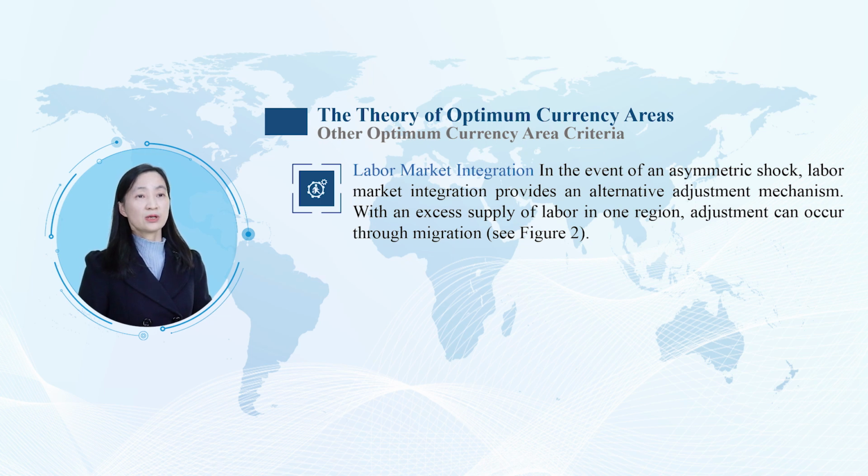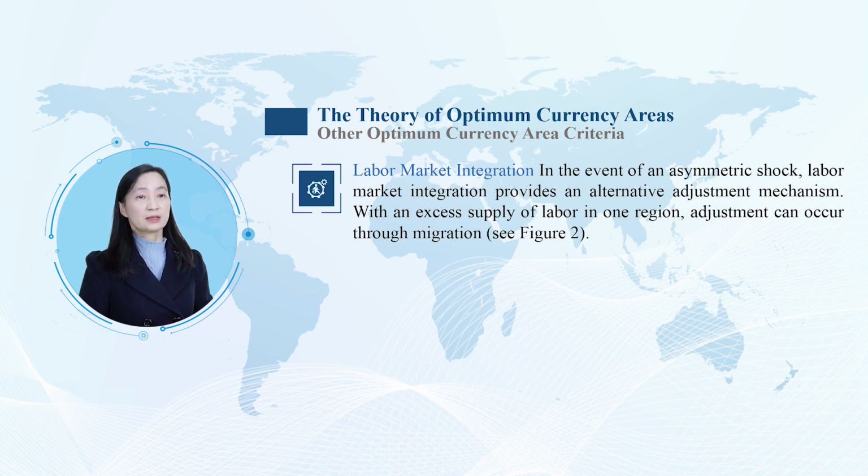If this migration can occur with ease, the impact of the negative shock on home will be less painful. Furthermore, there will be less need for home to implement an independent monetary policy response for stabilization purposes.